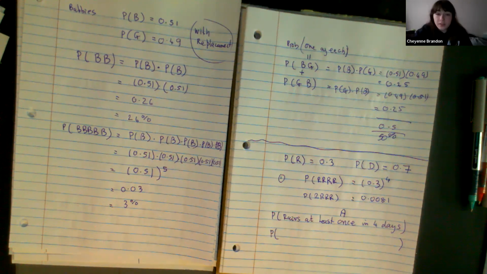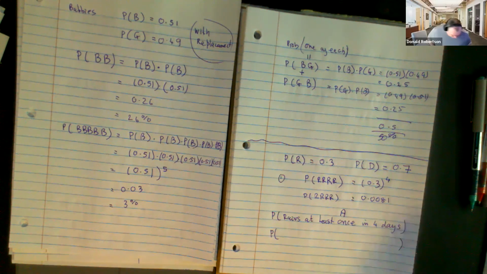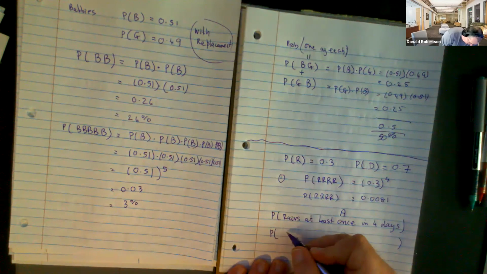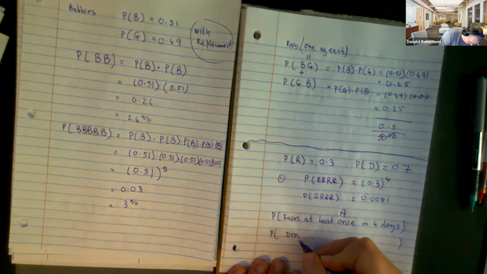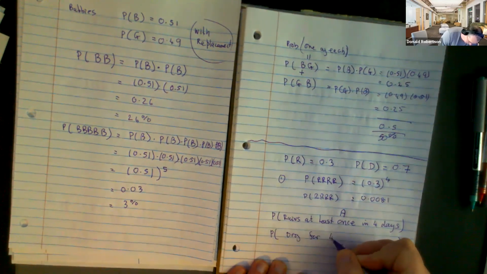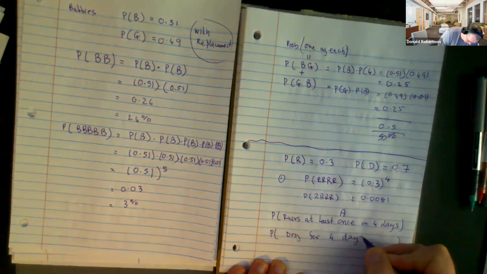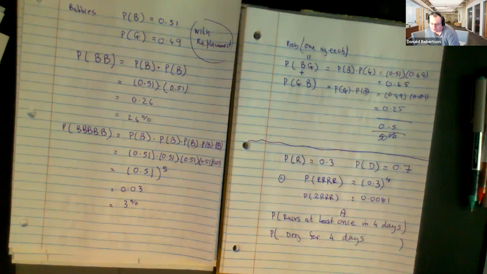Does that mean you have to have 4 dry days? So in English, it's dry for 4 days. I'm just paraphrasing what you said, right? Does that make sense? The opposite of raining at least once in 4 days is that it was dry for every single day.